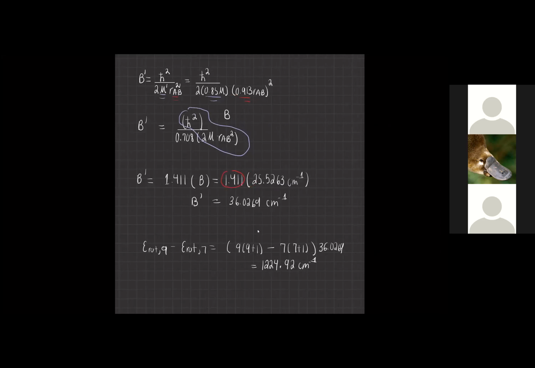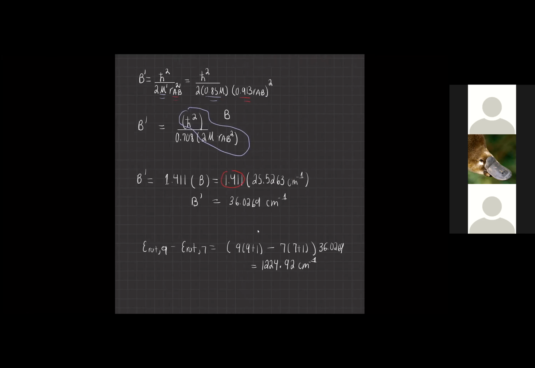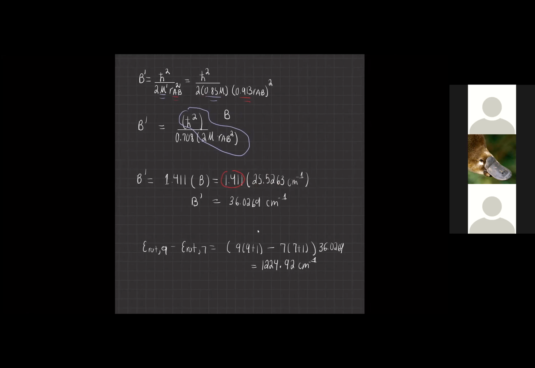From here, we know what this is, and then we can put this in terms of 0.85 times the reduced mass. This is 0.98313 times the old mass, and then we square that. The radius, you mean? Yeah, the radius.